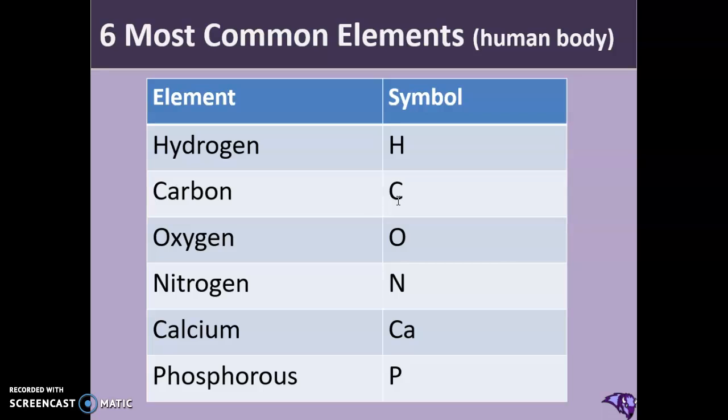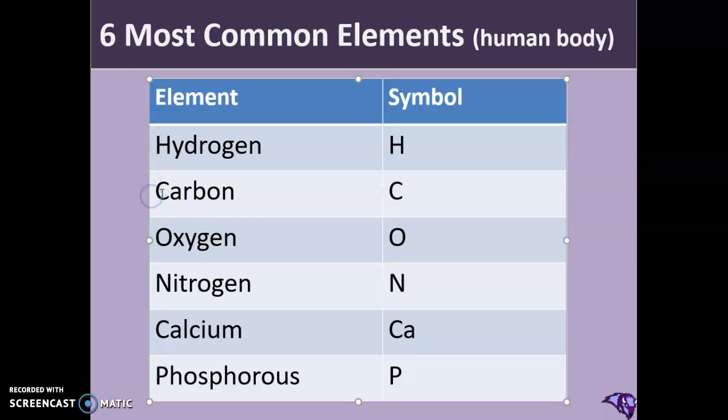And then our last slide for today, moving into the most common elements that make up the human body. Again, because we're talking about chemistry and living things, we need to refer to what elements make up living things. Hydrogen, carbon, oxygen, nitrogen, calcium, phosphorus. Those are our 6 most common elements. In order for something to be organic, it must contain the element carbon.